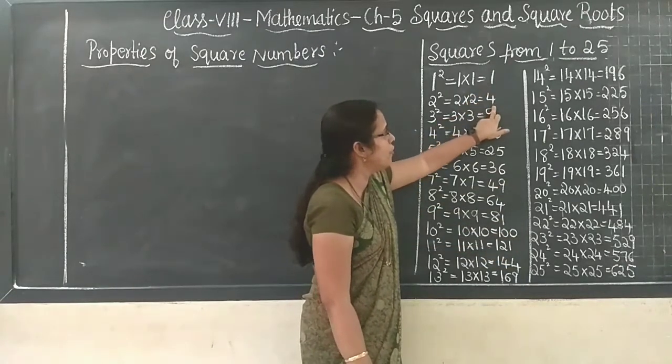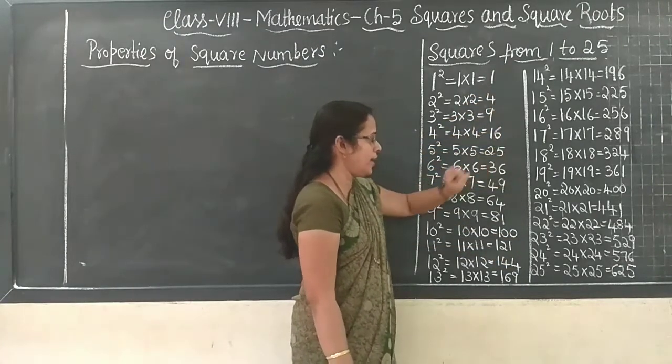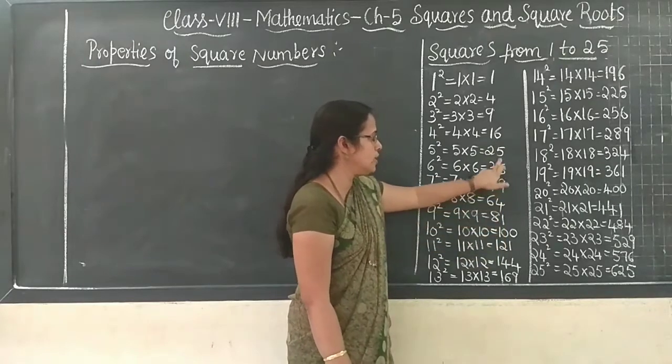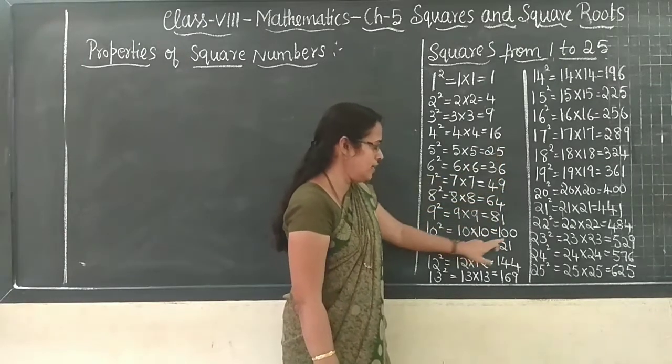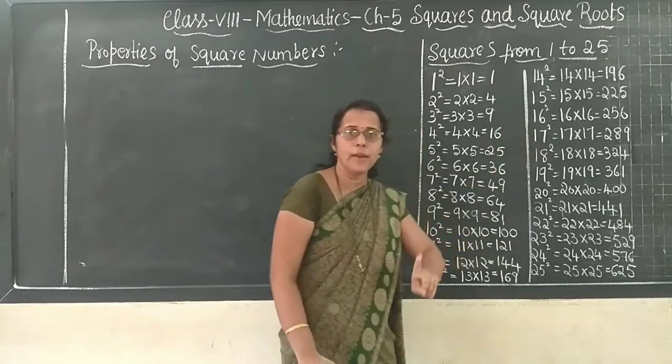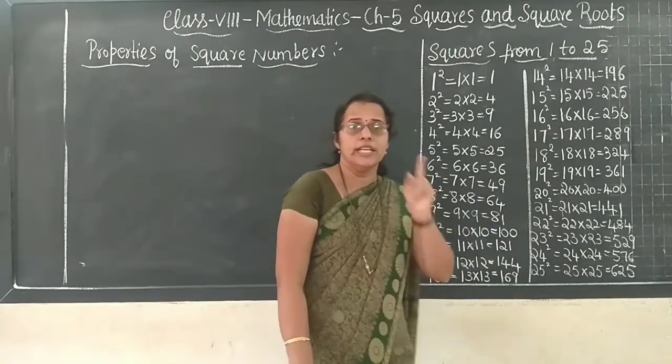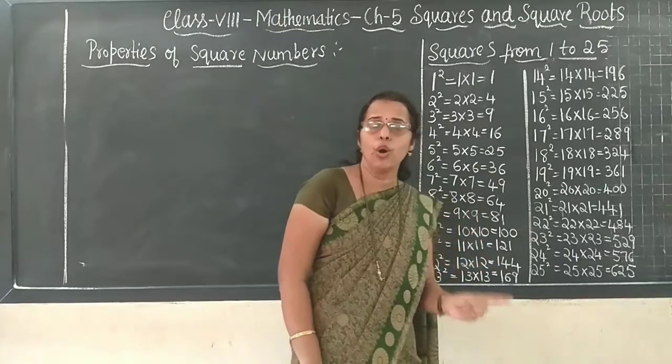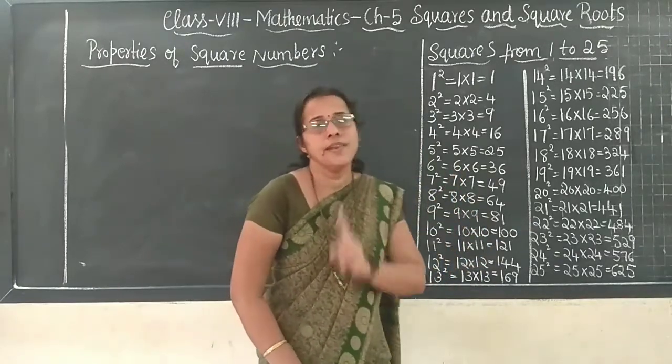See? 1, 4, 9, 6, 5, 0. So every square number ends with the digit 0, 1, 4, 5, 6, 9.